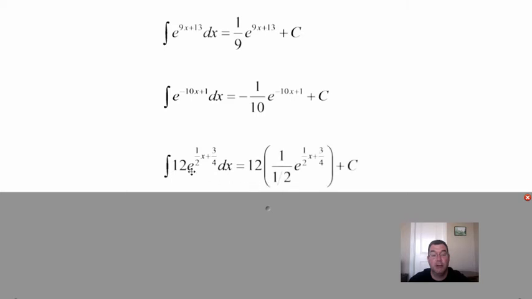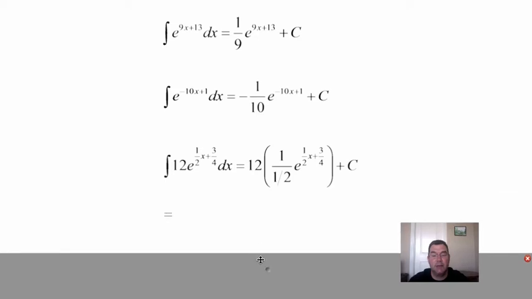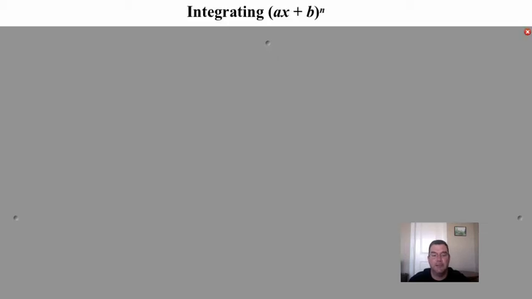Remember, you can pull out that 12, and then 1 over 1/2 times e to the 1/2 x plus 3/4, and all of that has a constant added to it. If I simplify that even more, the answer is 24 e to the 1/2 x plus 3/4 plus c.